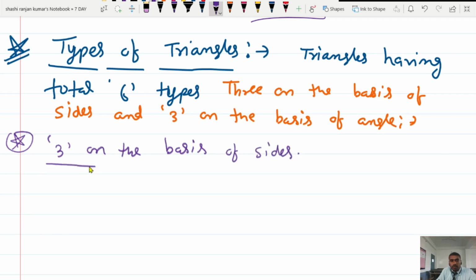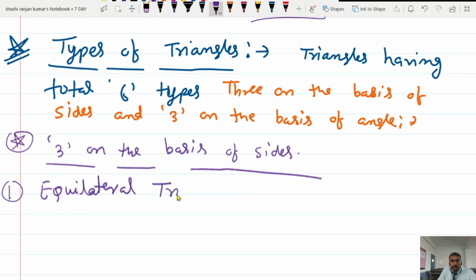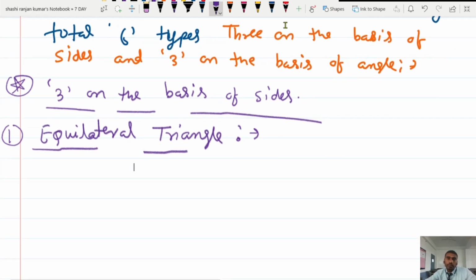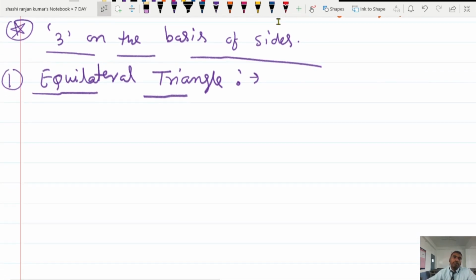In this, the first one we can say is the equilateral triangle. So now see, what is the equilateral triangle actually? Can you tell me what is an equilateral triangle?